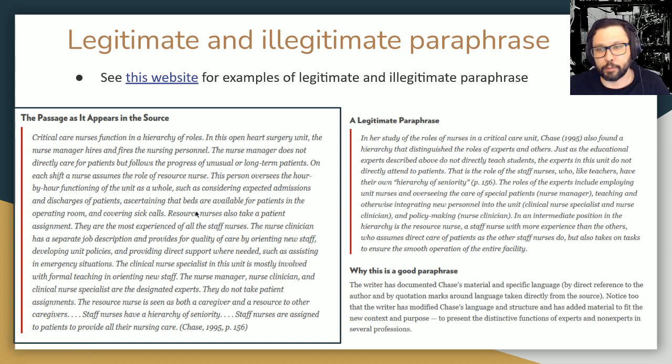The presentation of information is unique. The emphasis in this paragraph is unique. Clearly the information is taken from the original source, but is rewritten, not just rewritten, but reconceptualized into this paragraph. So this is a legitimate paraphrase. There should be no indicators that significant things came from the original source unless they're properly cited.